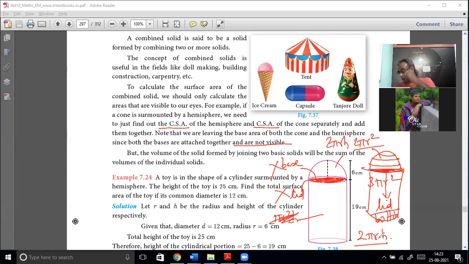Surface area of sphere is 4 pi r squared. Cone is pi r l, or pi r into root of h squared plus r squared. Cylinder is 2 pi r h, and 2 pi r squared you have to calculate.